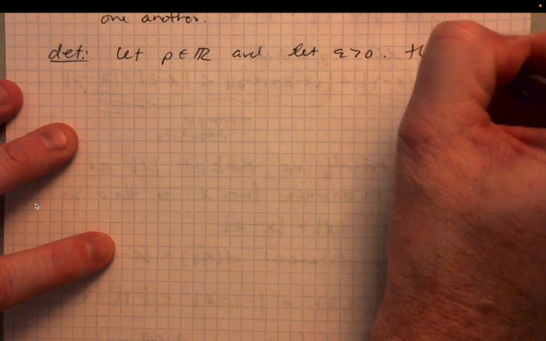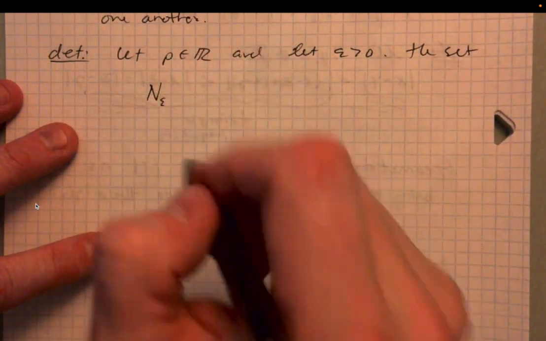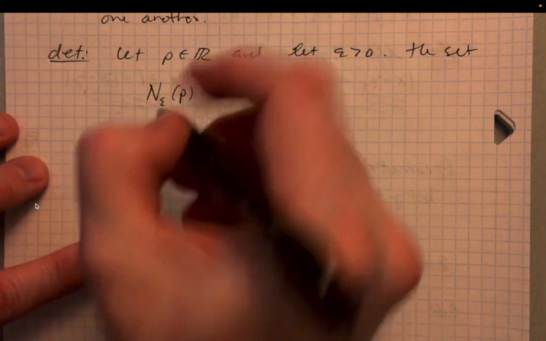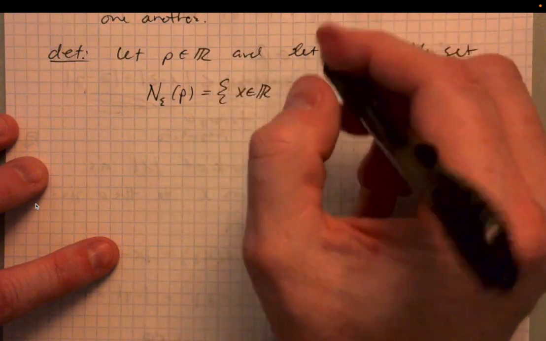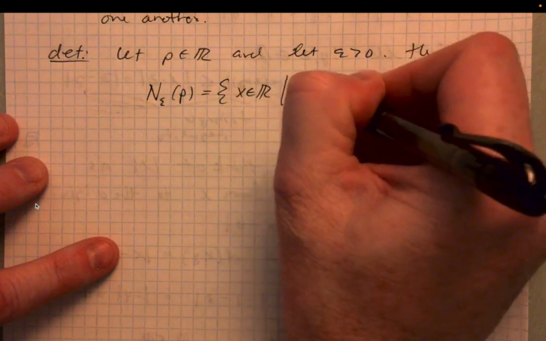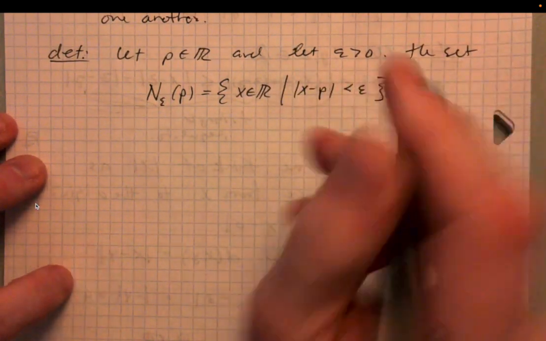Then the set, which we denote N sub epsilon of P, is the name of a set. This is going to be equal to all of the real numbers x such that the absolute value of x minus P is less than epsilon.